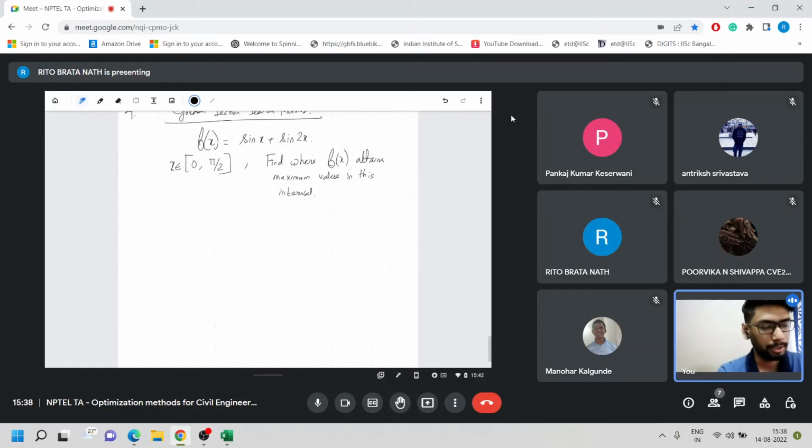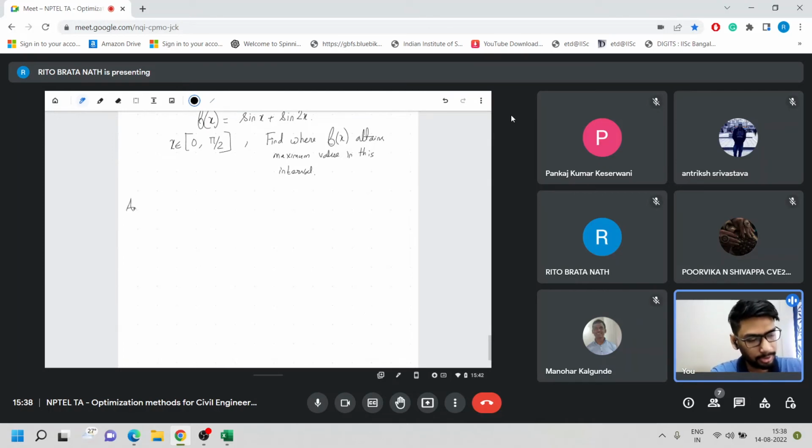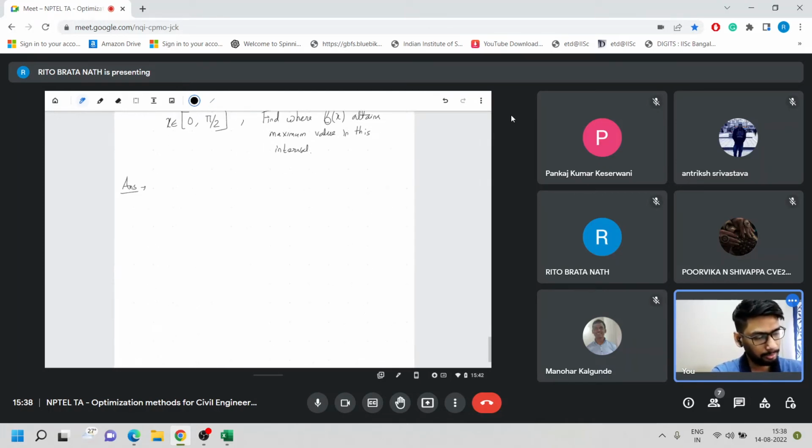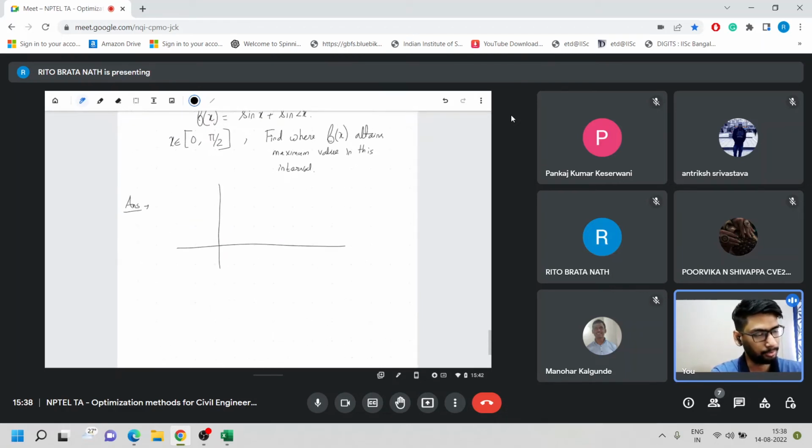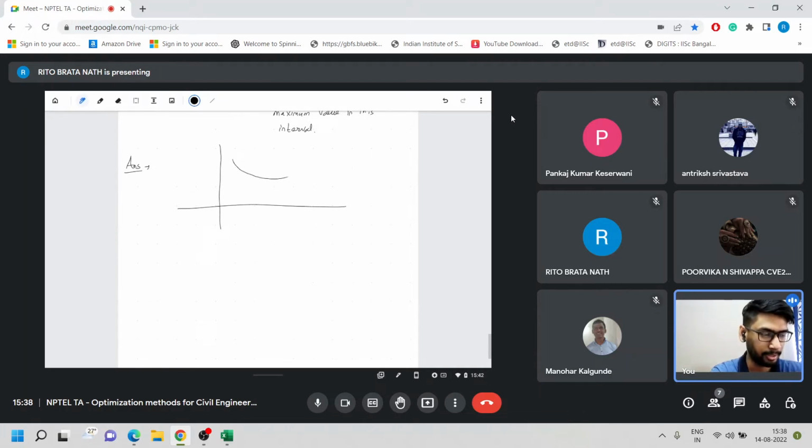So in golden section search method, what we'll do again, suppose, need not be the function that I have given you. So this function's nature will be different. I'll just give you an example with a different curve. Suppose this is your A, this is your B. You can also write it as XL, which is the lower limit, and this is the upper limit of this interval.